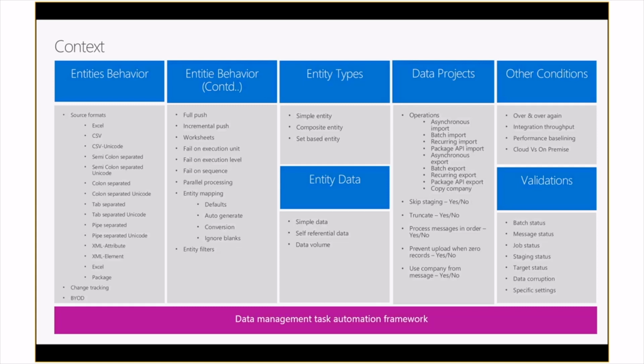I'll call out the data corruption aspect of validation, right? And this is quite central from a data migration perspective also, which I talked about, which is, did everything come in as expected, right?